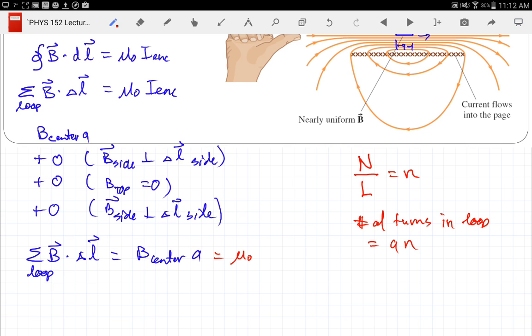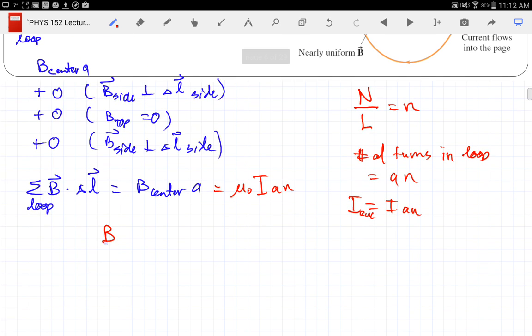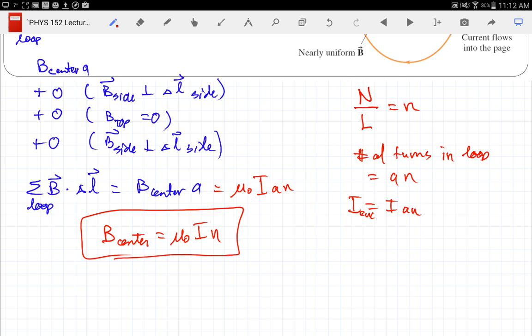And so the current enclosed is going to be the current in the wire I multiplied by the number of turns. So I have that equation, which simplifies to the magnetic field in the center is equal to mu 0 I times the number of turns per unit length. It works out actually pretty simple.